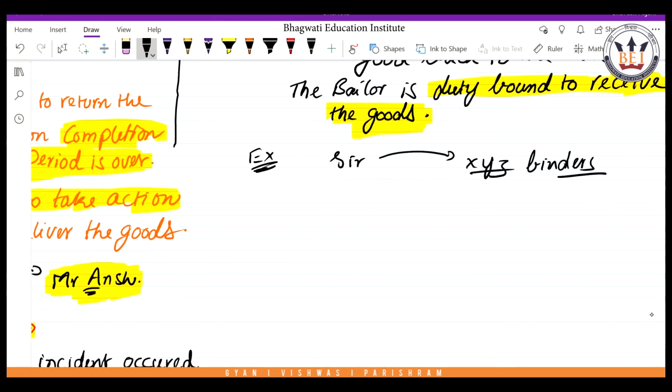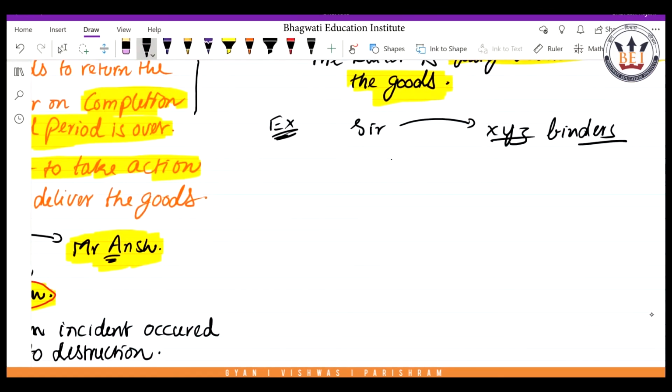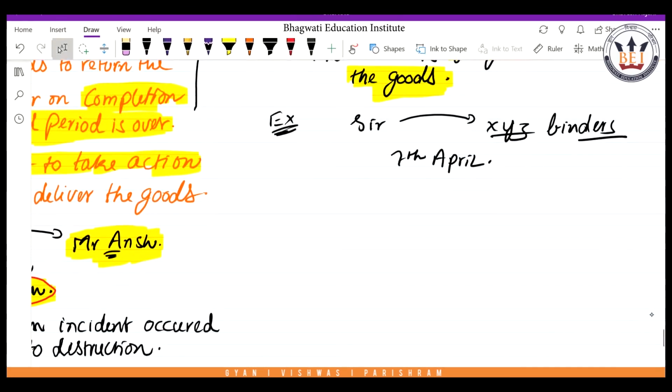Book binders are there, I've given it, and the book was to be received on, say, 7th of April, right? So on 7th of April they did their job, and they were giving the book back to me, but I didn't go to receive. I said I have some work, and I kept on delaying. On 10th April a fire broke out at the bookbinders. Are they liable to pay? The answer is no, they are not liable to pay.